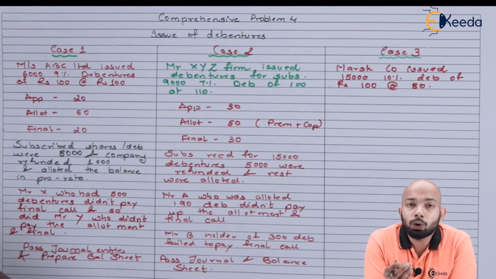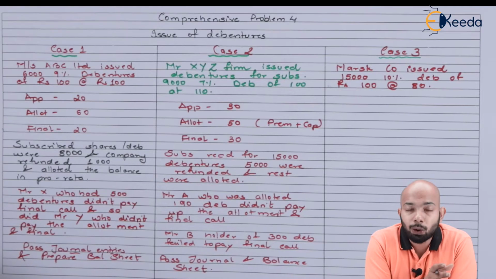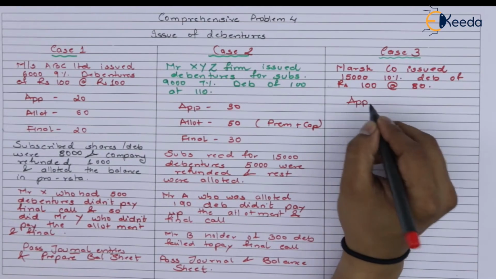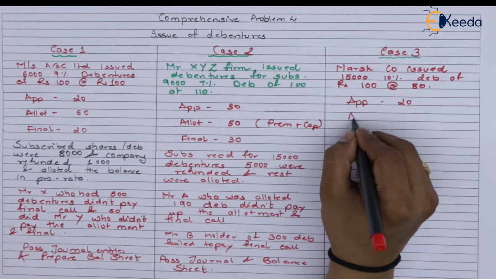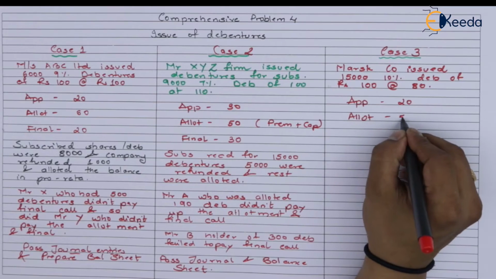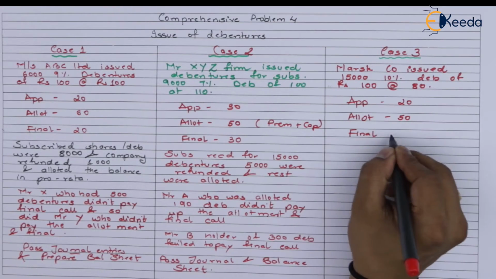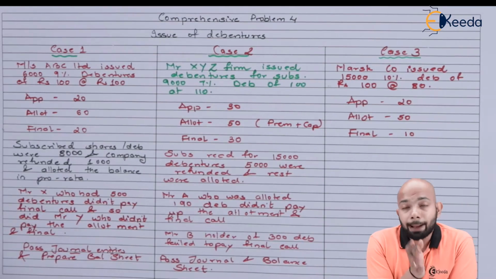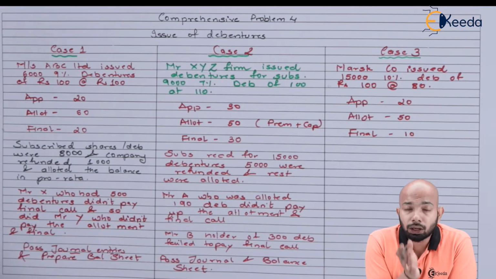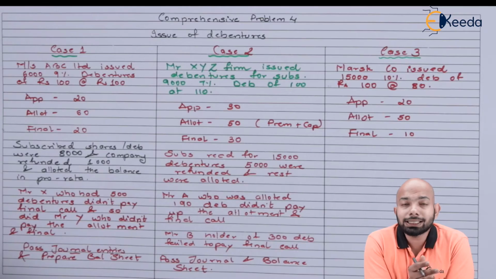That means they're already issuing the debentures at a discounted price here. Now, this 80 will be payable as follows. On application, they took around 20 rupees. On allotment, 50 rupees. And on the final call, it is rupees 10.